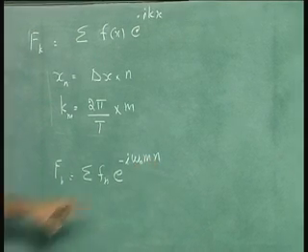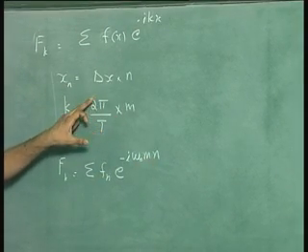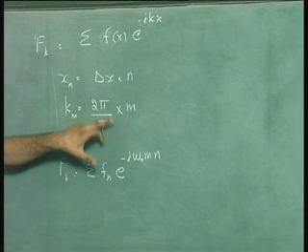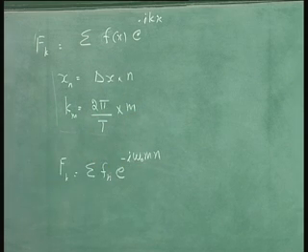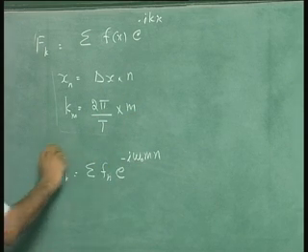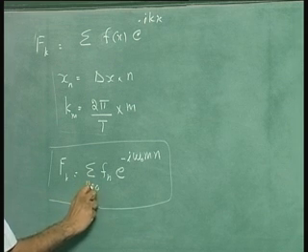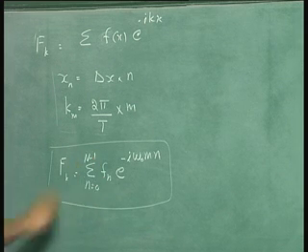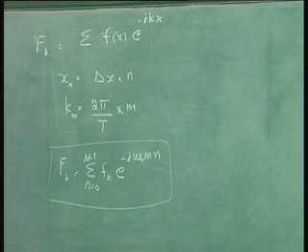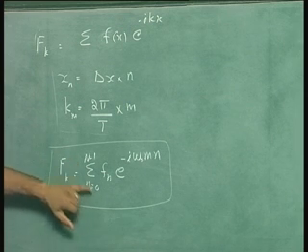Here omega 0 is this value. That's the expression you are going to write. This sum goes from n equal to 0 to N minus 1, where N is the total number of points. So if it's 8, this goes from 0 to 7.